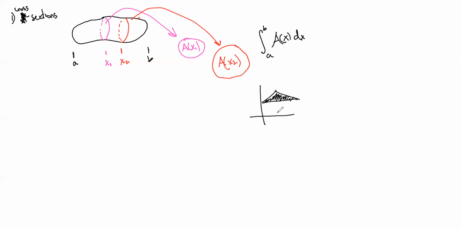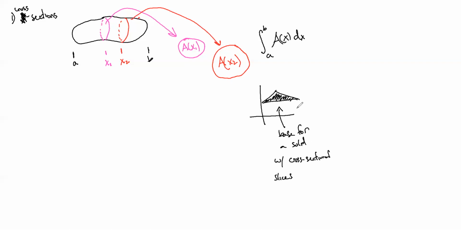And then you're often told that this is a base for a solid with cross-sectional slices that look like something, right? That look like a square, that look like a circle, that look like a slice of bread.